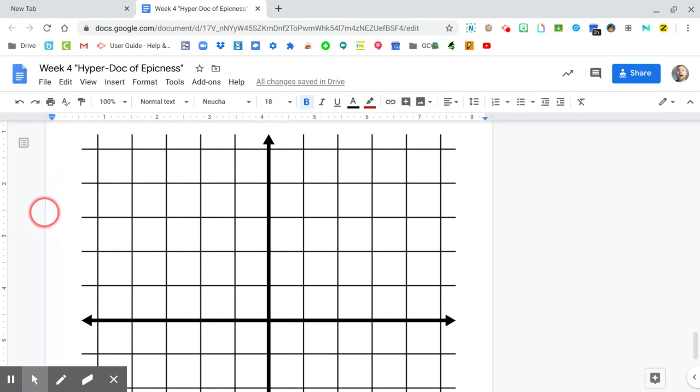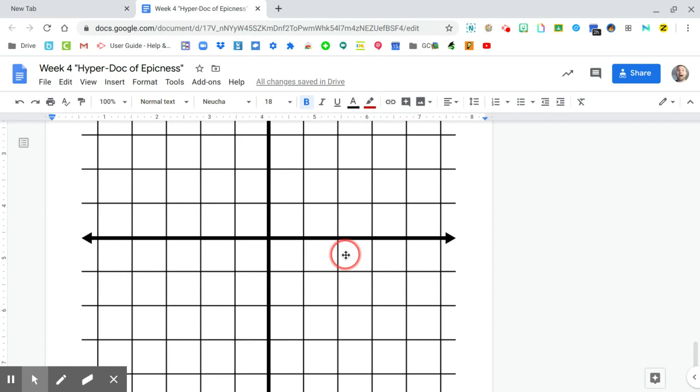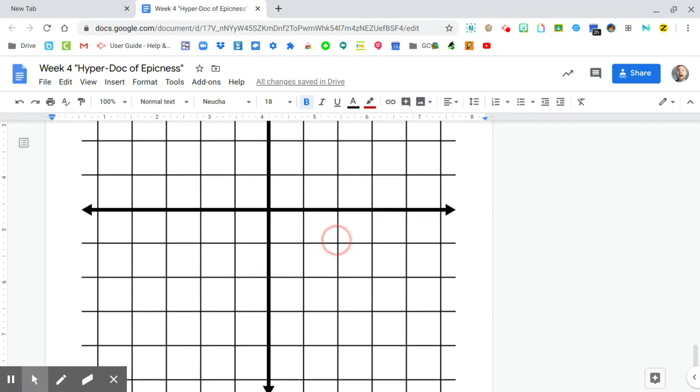If not, you can do it on blank paper, drawing a coordinate plane that way, completing it, snapping a picture, and then sending it to me some way. Email would be fine. If you can figure out how to download it and attach it to the assignment and turn it in, that would be even better.